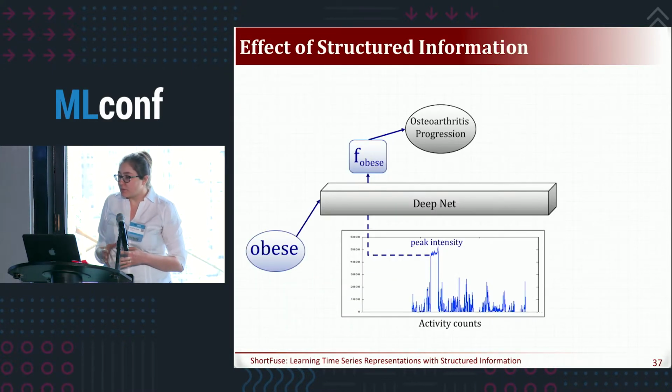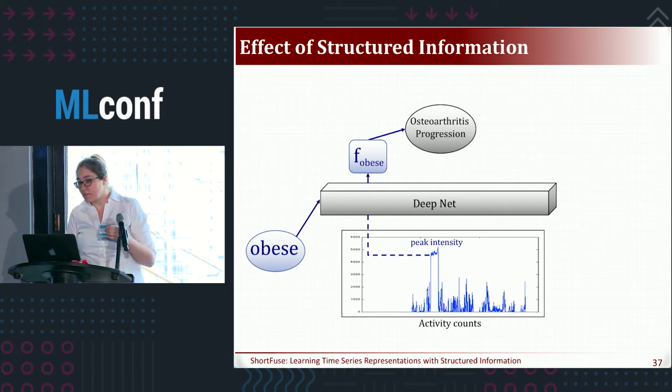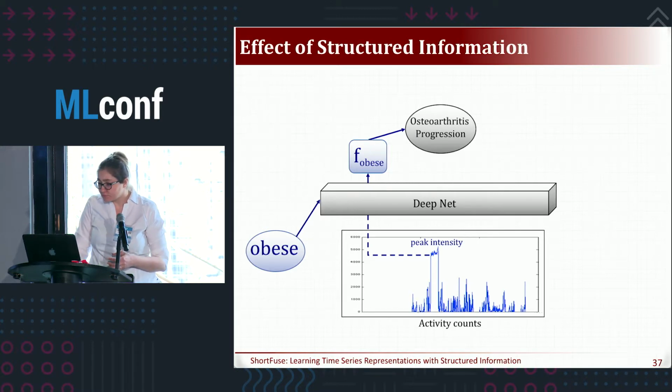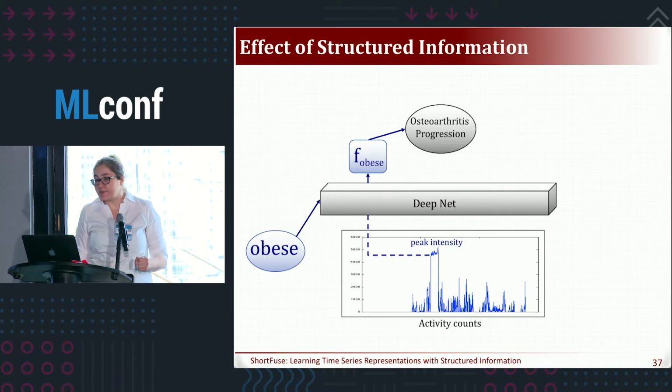So here's why it's important to use the structured information directly in the representation learning pipeline. Let's consider the case of two subjects with osteoarthritis, but different BMIs, so different body mass indices. One subject is obese and the other one is normal weight. Now, given the obese subject's higher level of systemic inflammation, cartilage response to high impact loading will be different. And thus, intense physical activity could potentially have adverse effects on the joint.